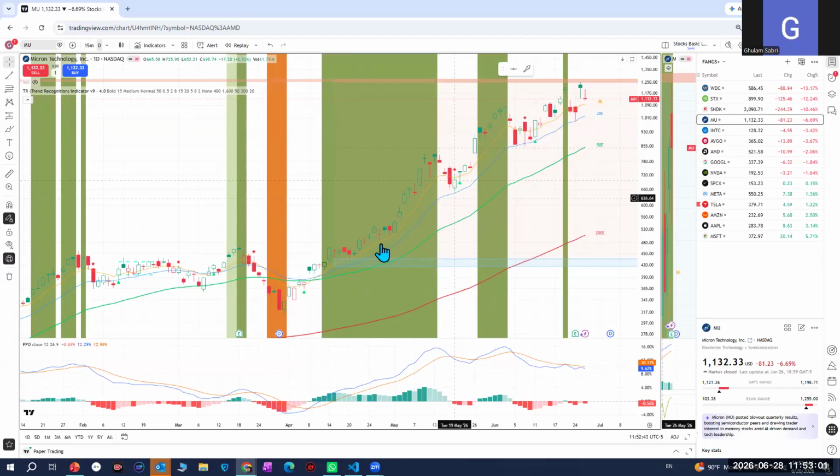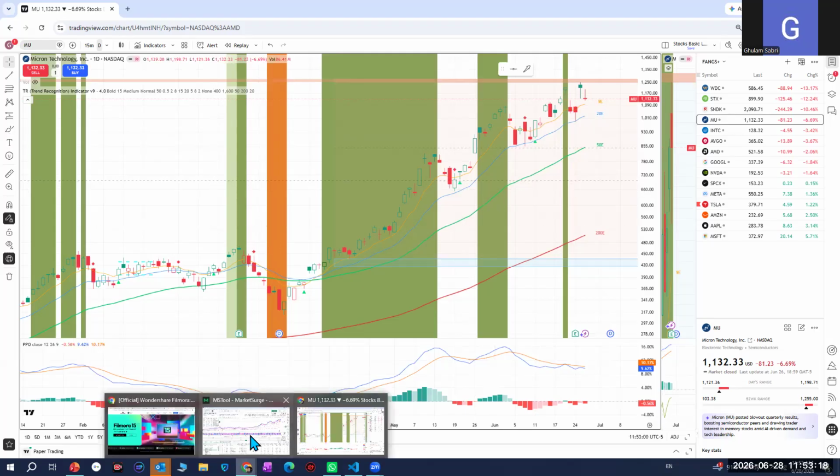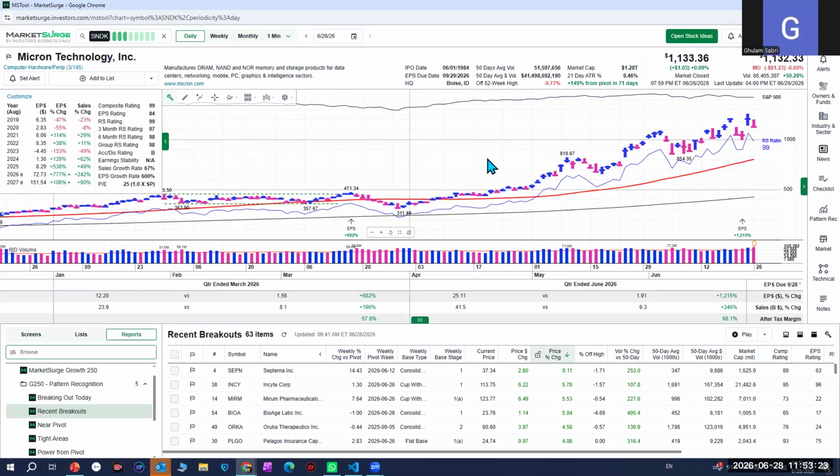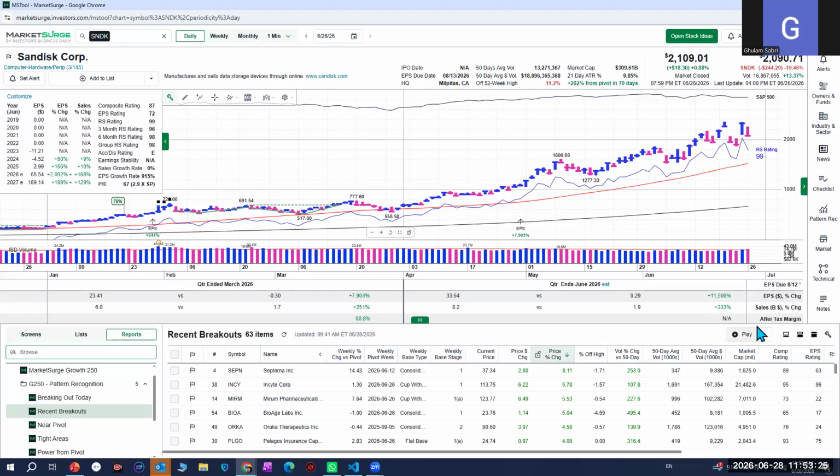And this is how you gauge the strength of a stock based on its fundamentals, whether this is a climax, this is just a hoax, people are just minting money at the cost of others, or there are some solid fundamentals behind this. In case of Micron and in case of SanDisk, take a look at SanDisk as well. Put SanDisk here and take a look at it here. 11,500 earning per share increase in 7,903.